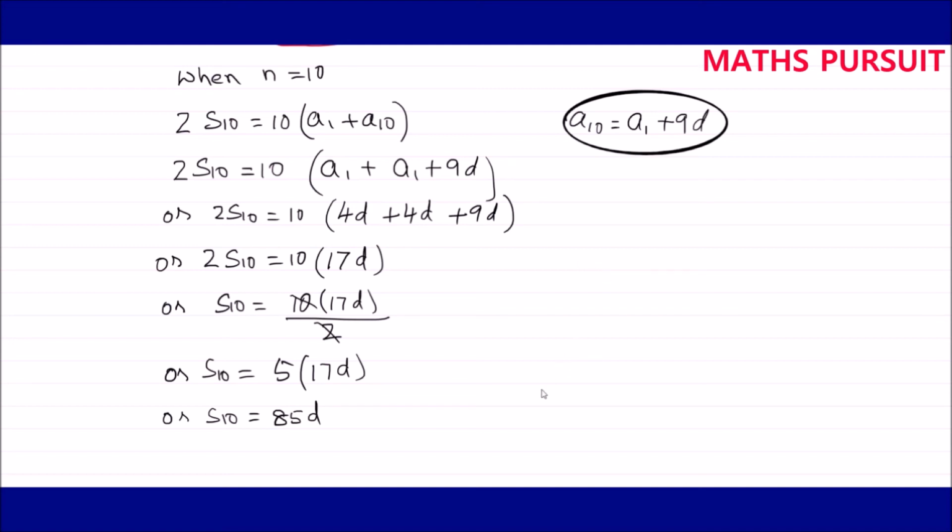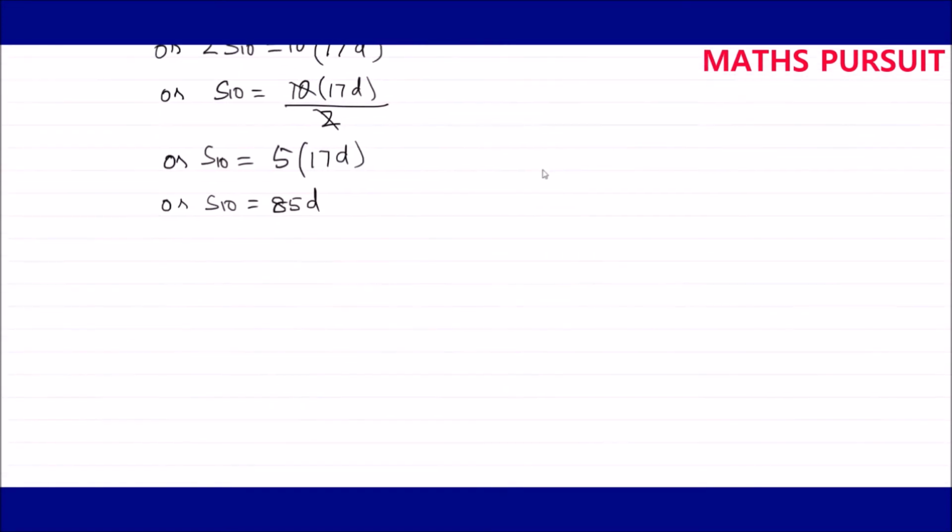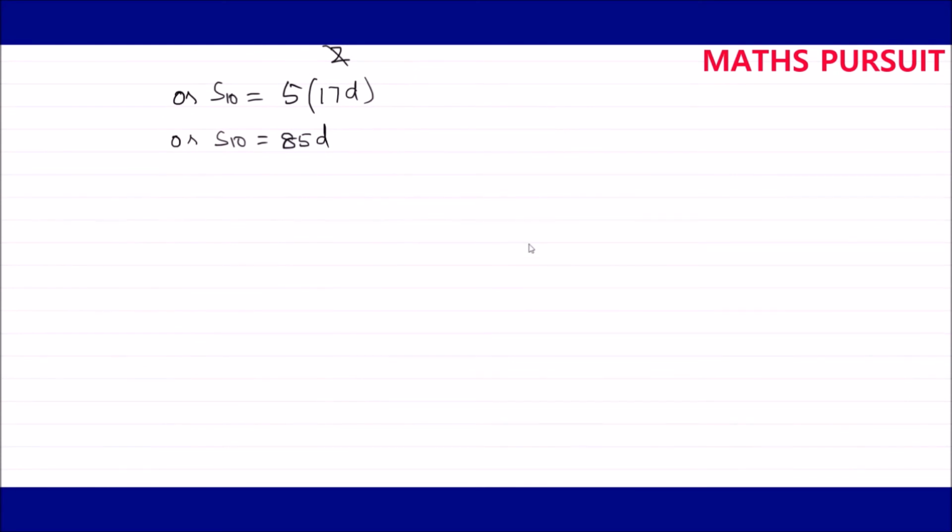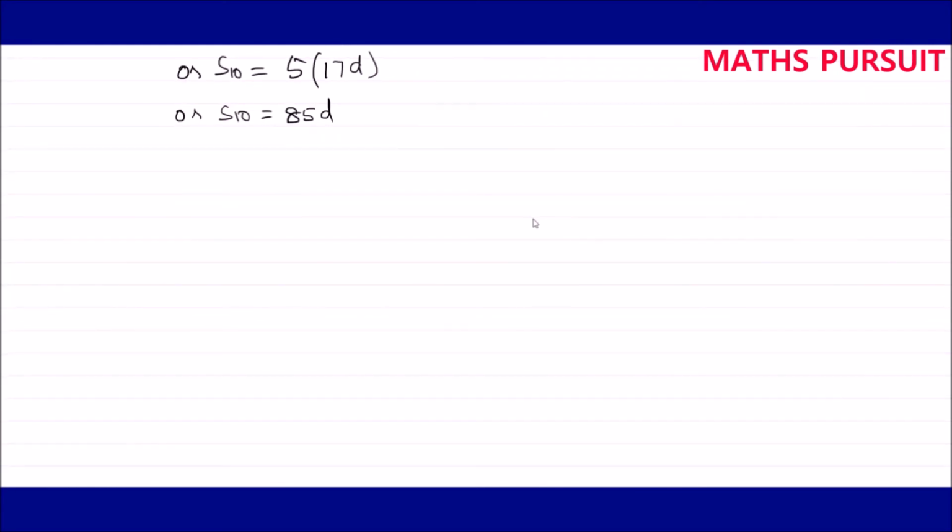Now the question is asking us to find out the ratio of the sum of the first 5 terms to the first 10 terms. That means S5 is to S10 is equal to, for S5 we got 30D is to 85D. Or I can write S5 upon S10 is equal to 30D upon 85D.